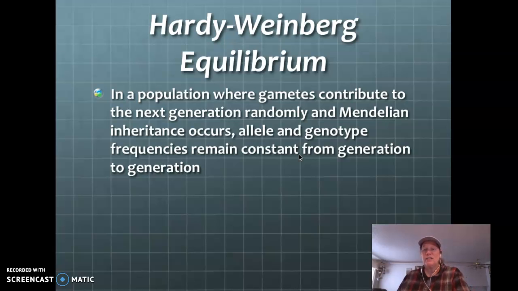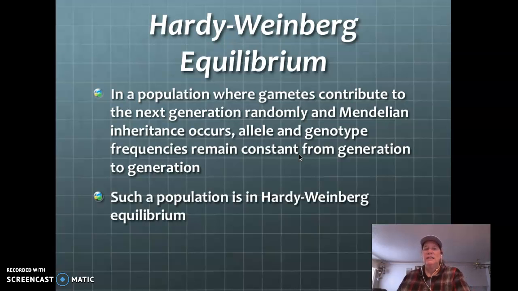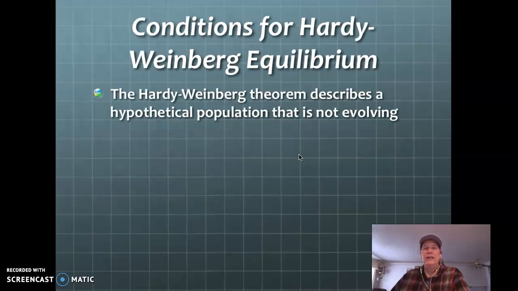Okay, there's a constant in the frequencies, and if it doesn't change, if you do the math and it equals 1, like the equation, then you know that this population is in Hardy-Weinberg equilibrium. Okay, so it's for hypothetical populations, ones that aren't changing, that aren't evolving.